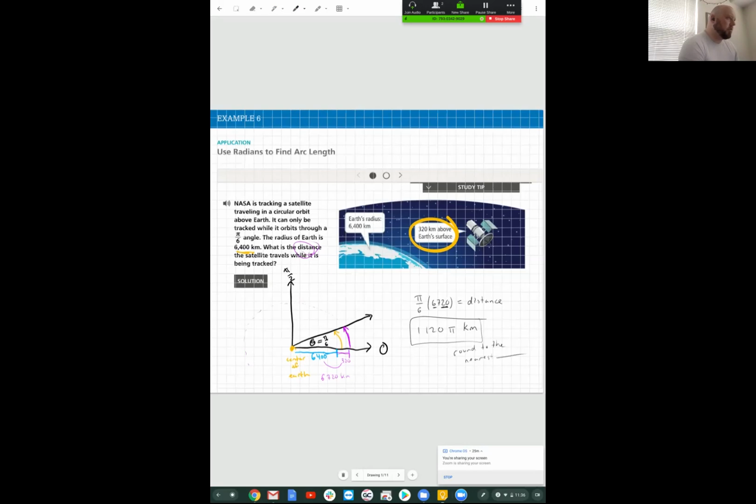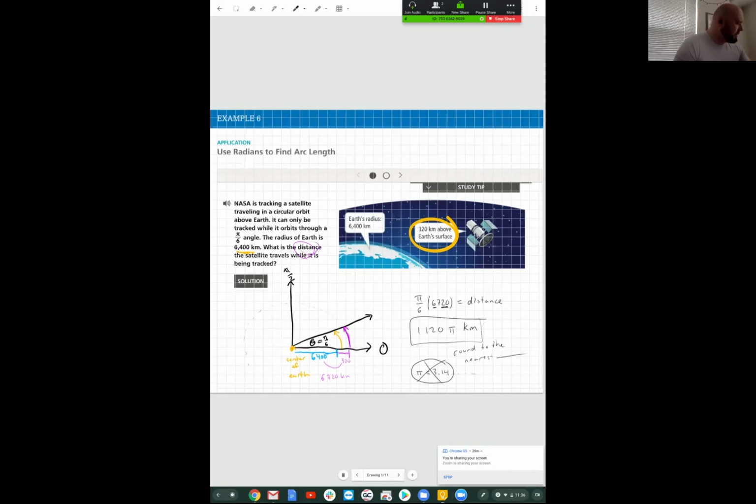You know pi is like 3.14, but I don't ever want you guys to use this. This is a big no-no. Don't say it's 3.14 because you're ignoring all the other decimals that come after 3.14. I want you to actually use the pi button on your calculator if you ever come into a problem where it says round to the nearest whatever. Use the actual pi button. You can use all the decimal places.